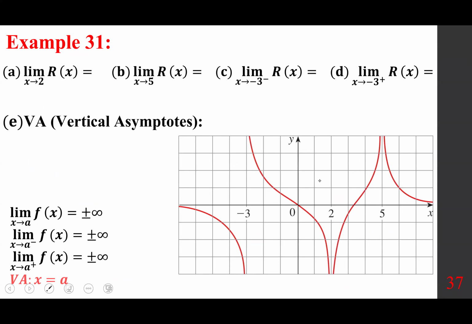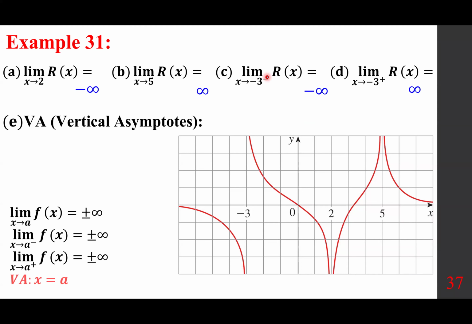All right, so we are interested in finding the limit of R(x) as x approaches 2 from the left and right. I hope you see it goes to negative infinity. Left and right for 5 goes to positive infinity. Negative 3 from the left of it is negative infinity, from the right of it is positive infinity.